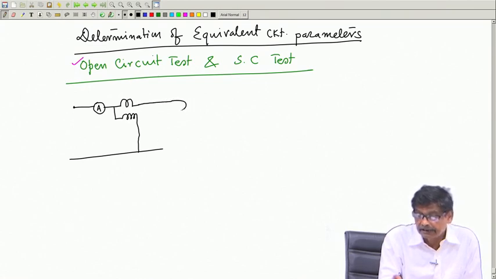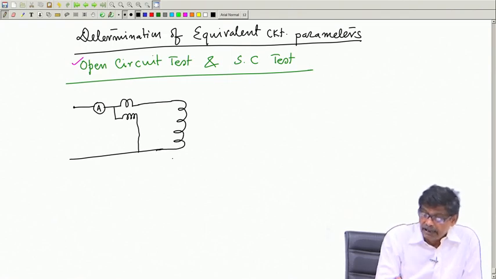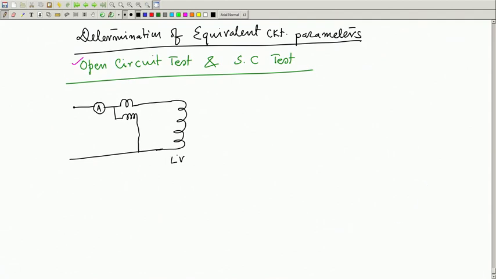This is the practical transformer primary, and generally the open circuit test is carried out from the LV side. The reason we will tell you later.